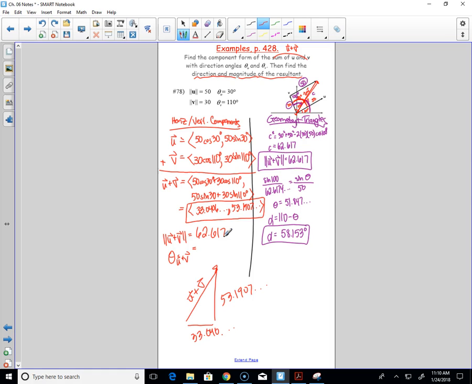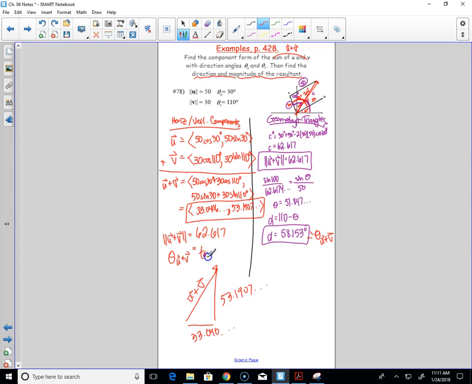How am I going to find the theta? We labeled this one a little weird because I used theta a little early. Alpha is the theta of the resultant. Can't I just use tangent inverse like we talked about in the page before, of the 53-ish one over the 33-ish one? So what happens when I do that?